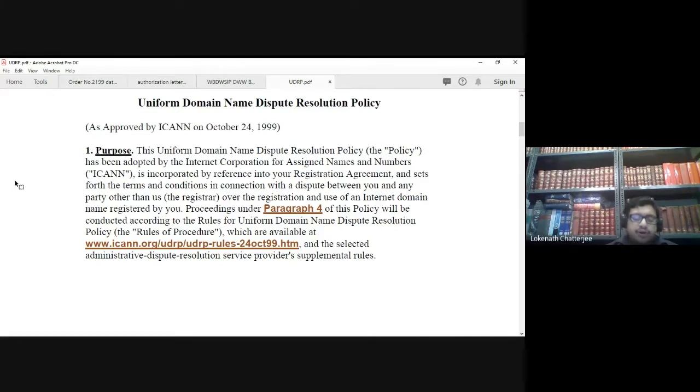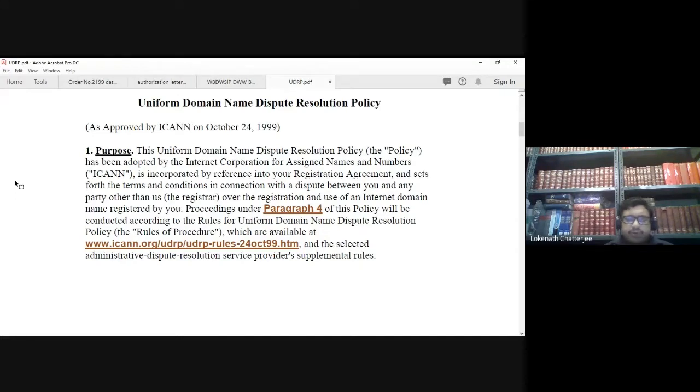Now, the rules were adopted, which were known as the UDRP rules, from October 24, '99, as we can see on the screen. The rules give the procedures and the requirements for every step of the dispute resolution process, including the administrative procedure. The procedure is generally administered by the dispute resolution service providers, which are accredited by ICANN.